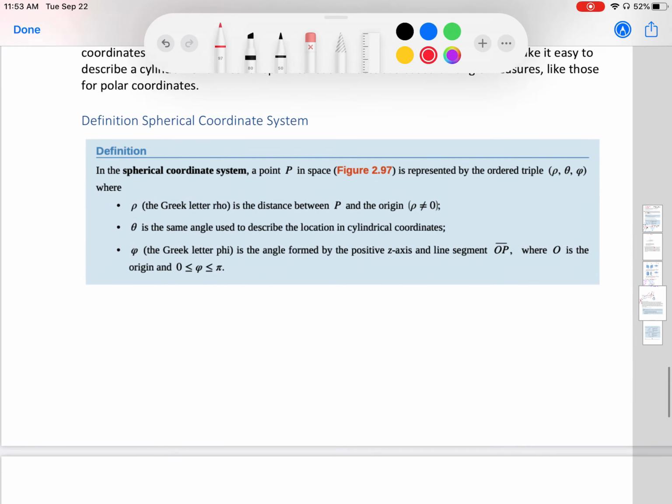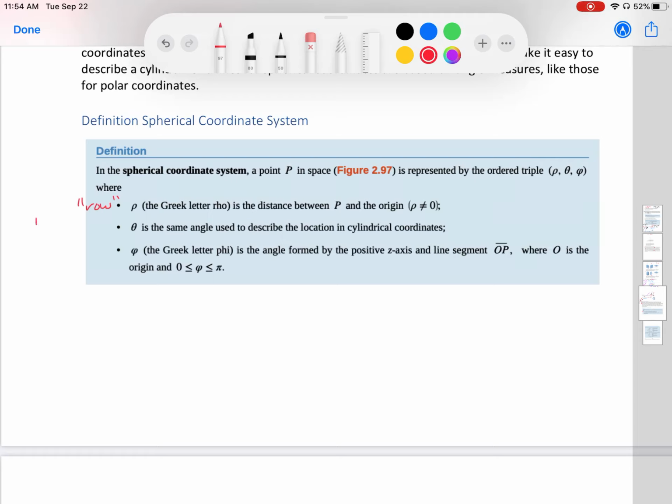All right, so let's begin the definition of the coordinate system. In the spherical coordinate system, a point P in space is represented by the ordered triple rho, theta, and phi. So it just explains what each value is or comes from. The first one is rho, and it looks like a p, and that's the distance between P and the origin.